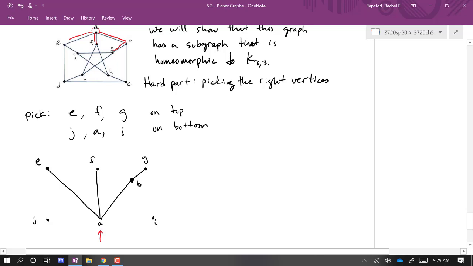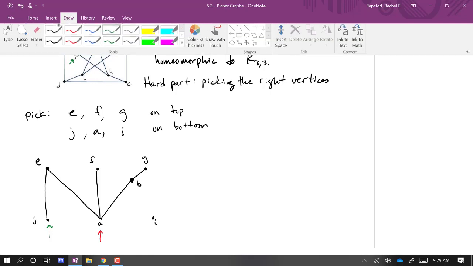Okay, now if I look at vertex J, and that's right here on the inside, I have to get from J directly to E. I've got that edge, so I'm going to draw that in. What else do we have? I've got from J directly to G, so I could draw that in.